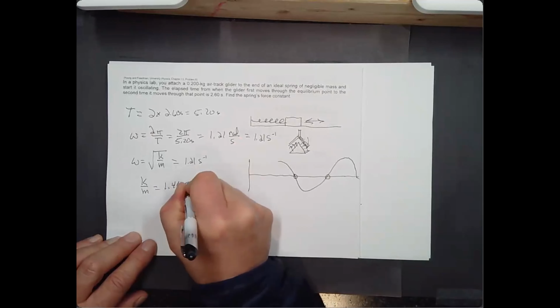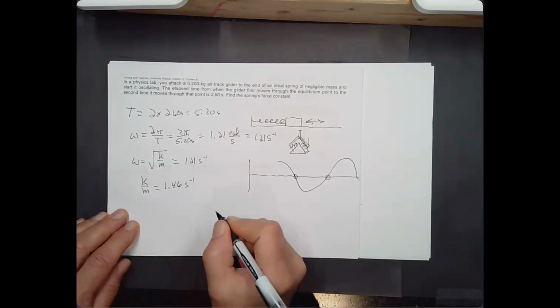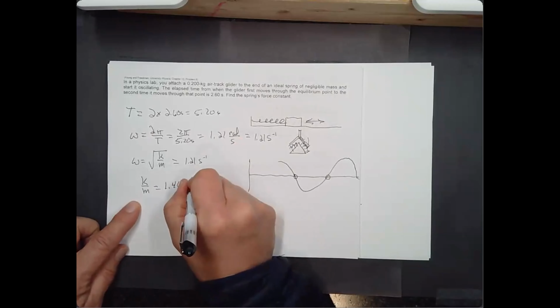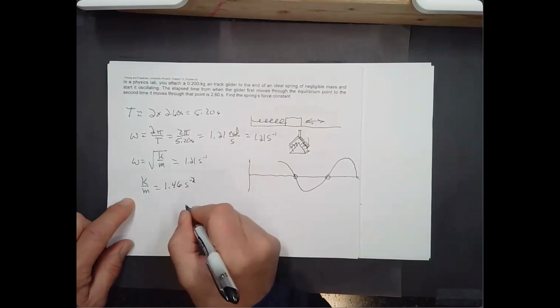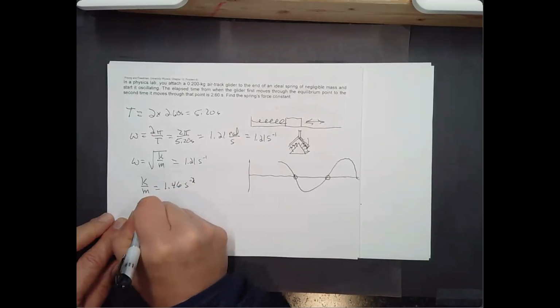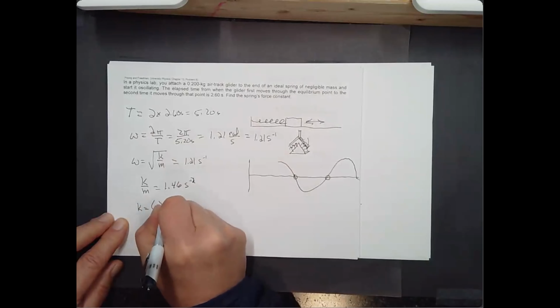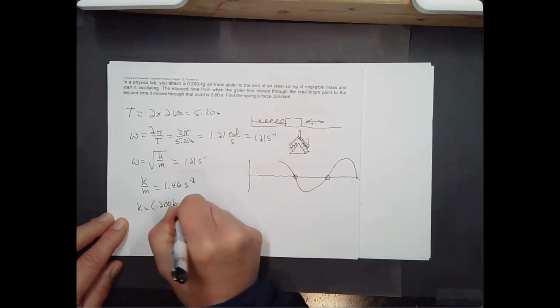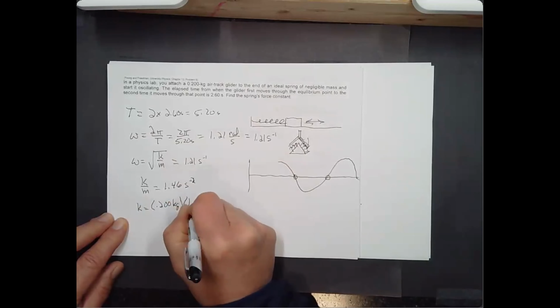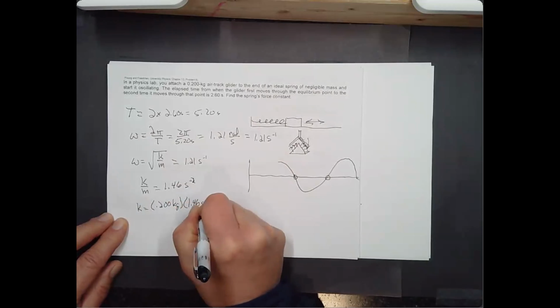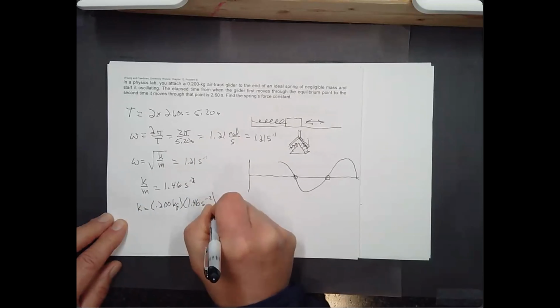And that's seconds to the minus 2. Whoops, minus 2. Say one thing and write another. Anyway, k is going to equal that mass times that thing, the 0.200 kilograms times 1.46 seconds to the minus 2.